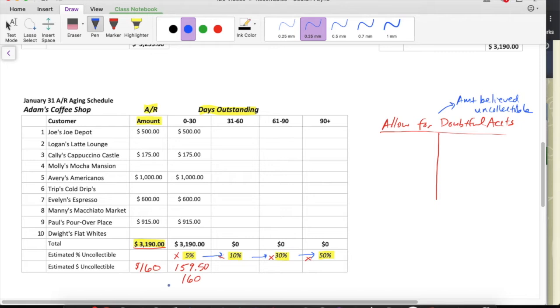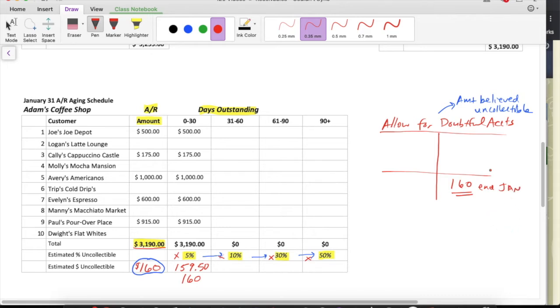And so that amount that I believe I will not collect is right here. That's what we calculated with this aging schedule. So I'm going to look at my T account and I'm going to say, all right, that is the amount that I want to have in this account at the end of the period. So the end of January.